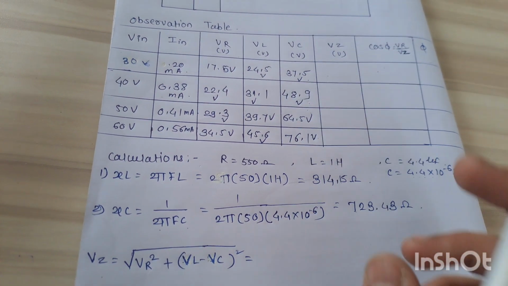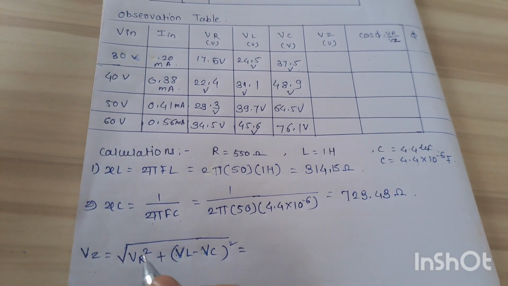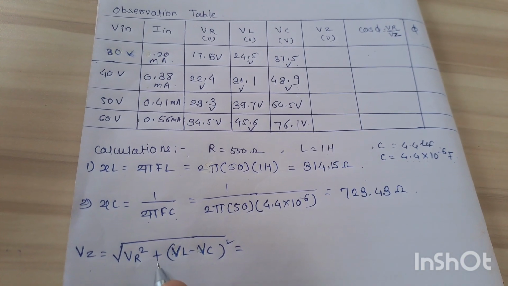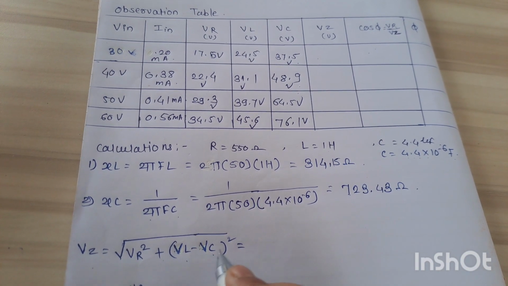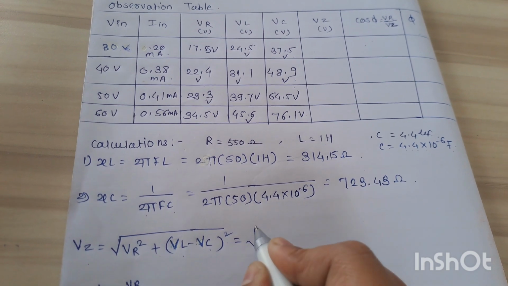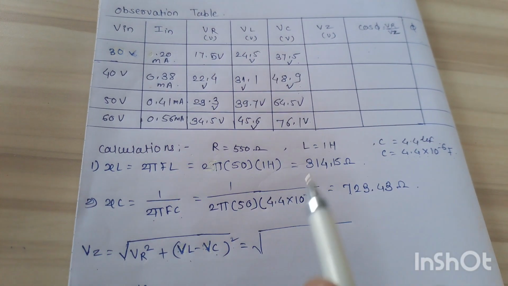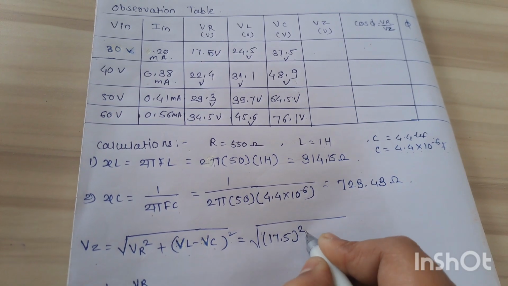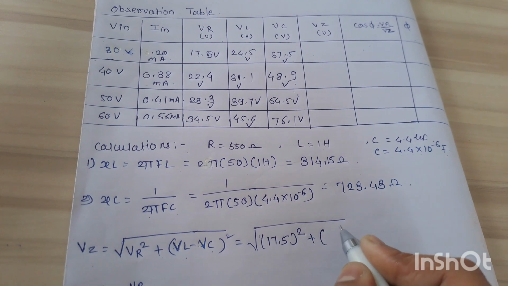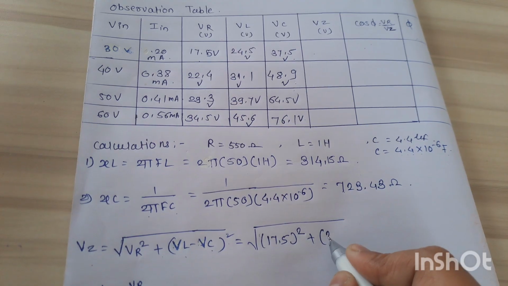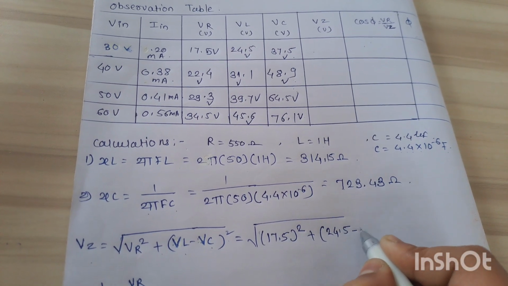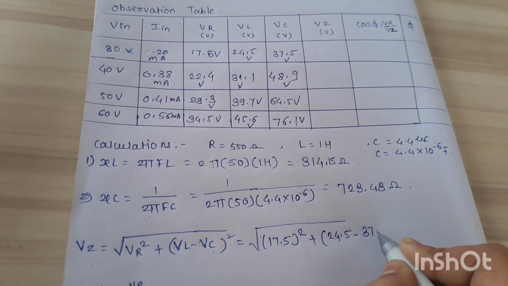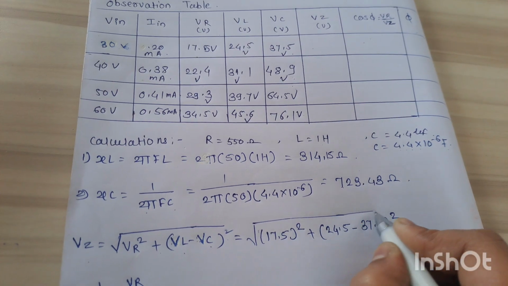Now we have to calculate the value of Vz for each reading. First, for the first reading, Vz equals root of VR square plus bracket VL minus VC bracket square, which is root of VR, 17.5, square, plus bracket VL 24.5 minus VC 37.5 bracket square.